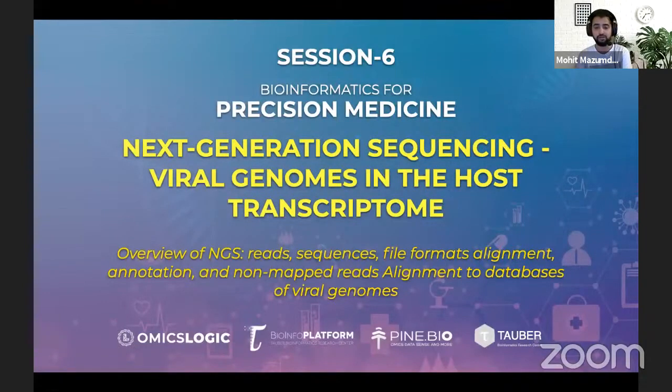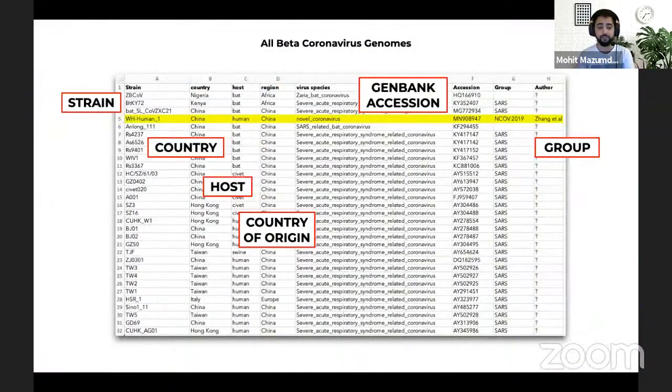We will learn how they are involved in tumor development, how you connect from virology to cancer, and then learn about inflammation and tissue damage. Here we will also learn how to align, annotate, and do mapping. So we will learn about viral genomes, and also about alignment to databases of those viral genomes.